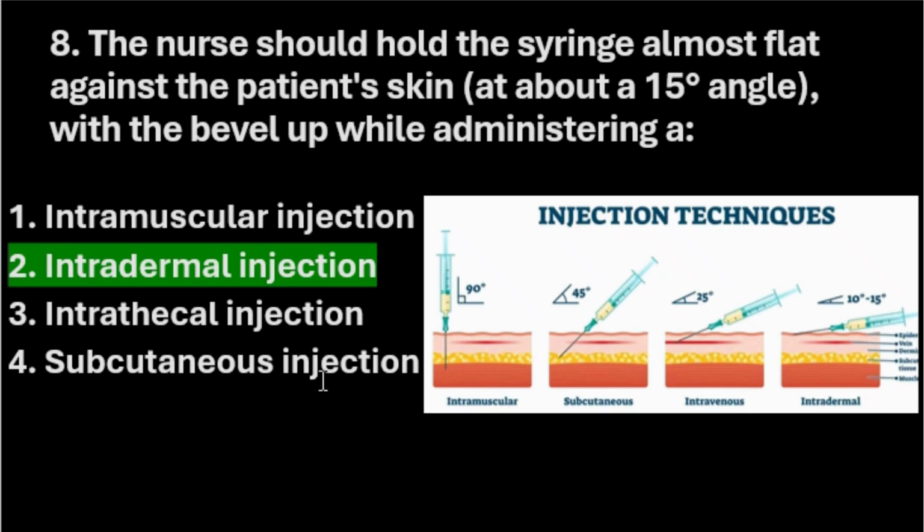You can see the different angles of 4 different kinds of injections. Intramuscular 90 degree, subcutaneous 45 degree, intravenous 25 to 30 degree, and intradermal is the flattest one, which is 10 to 15 degrees only. You can see the figure for better memorizing these methods of injections and the angles.